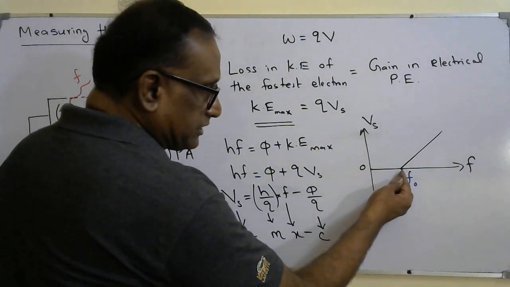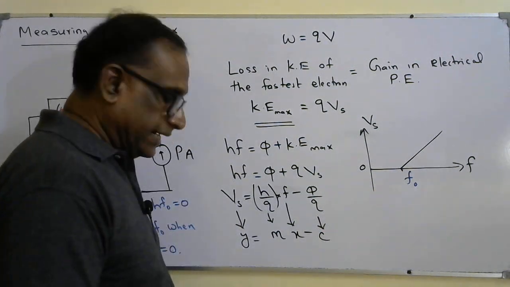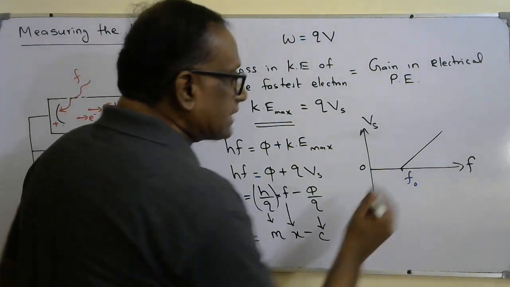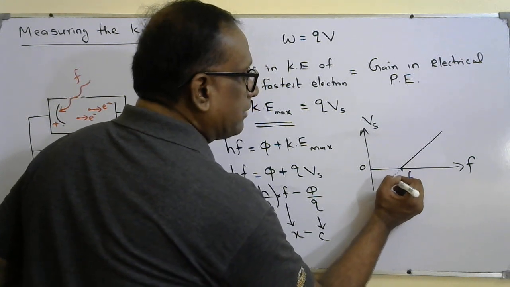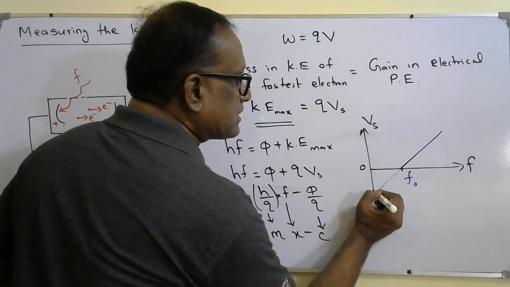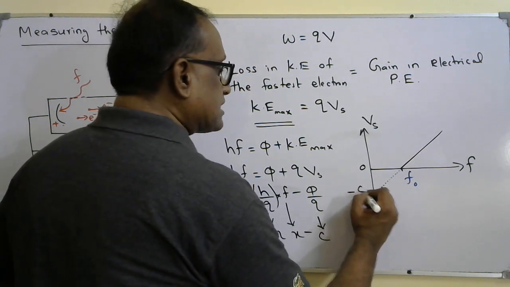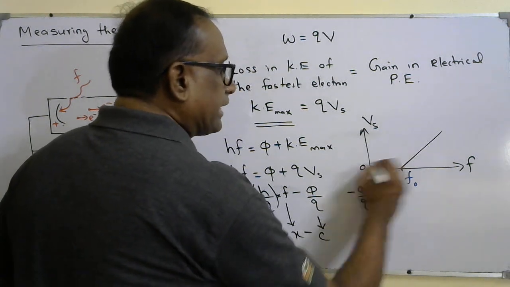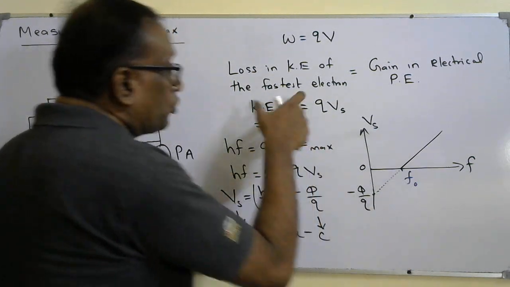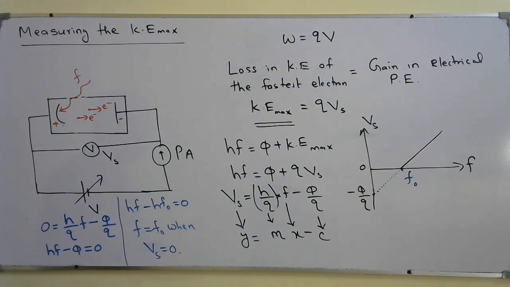Below the threshold frequency, practically you can't get a value. So we can just extrapolate, but it can be a graph. So we extrapolate, and where it cuts the y-axis, that will be minus work function over Q. Remember these quantities, and you must be able to rearrange this and get the relevant equation.